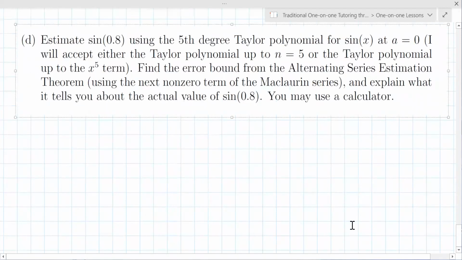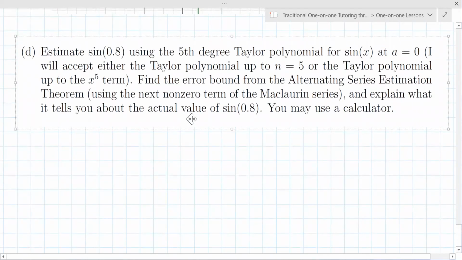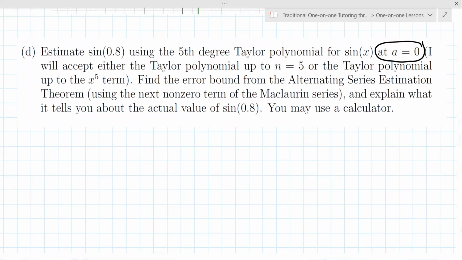All right. This one says estimate sine 0.8 using the 5th degree Taylor polynomial. This was what was missing in part 2, maybe part 4. They're supposed to give you the centering point. If they don't, you can't do it.